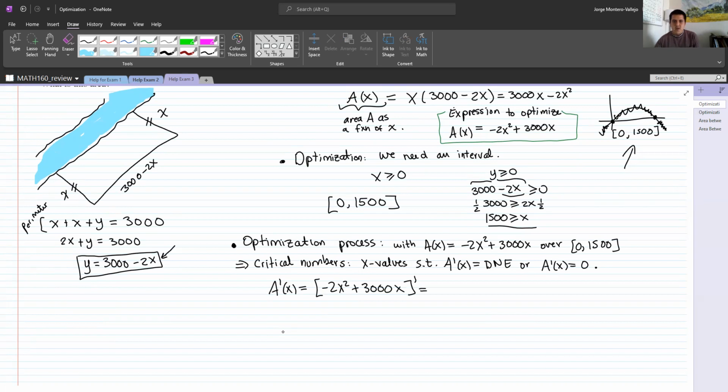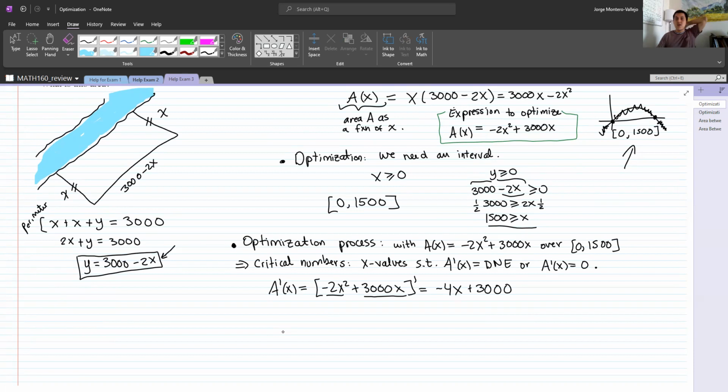Well, the second power comes to multiply in the front, multiply with -2, that's going to be -4, and then the second power goes down by 1. So that's just 1 power 1 x. And then for this part, the x disappears, and we are left with 3,000. So that's our derivative.